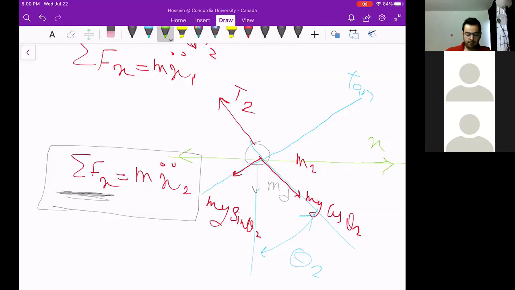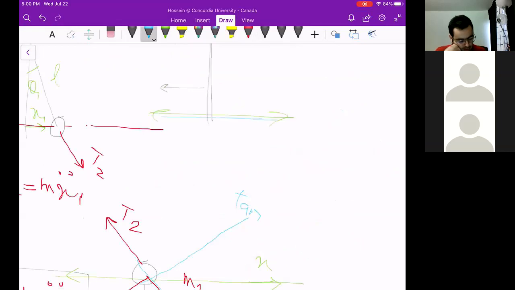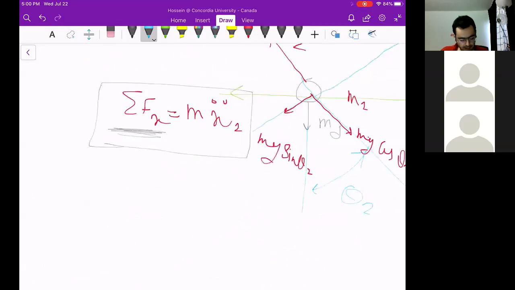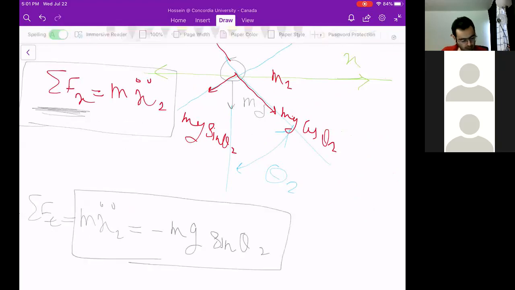Basically when theta is very small, as I show here, the two curves will be in about one direction, and we could say that in the x direction, the summation of F at x or at t direction is going to be m x double dot 2, which is going to be minus mg sine theta 2.